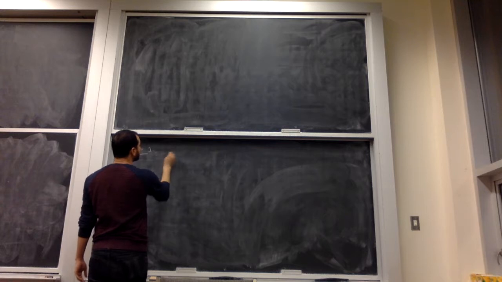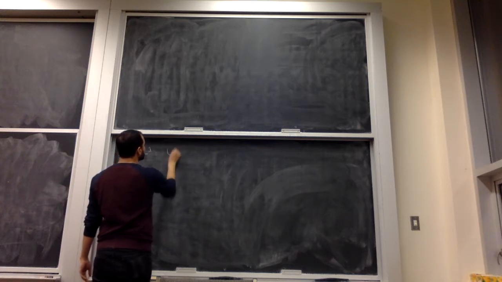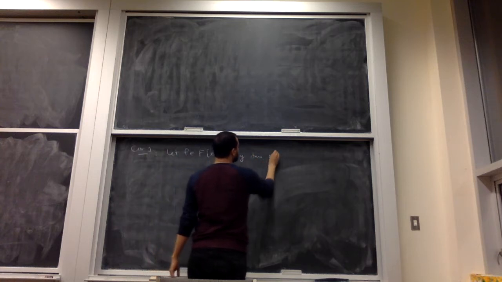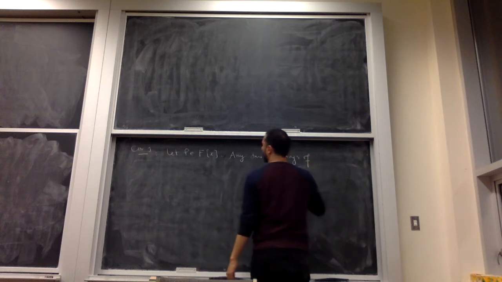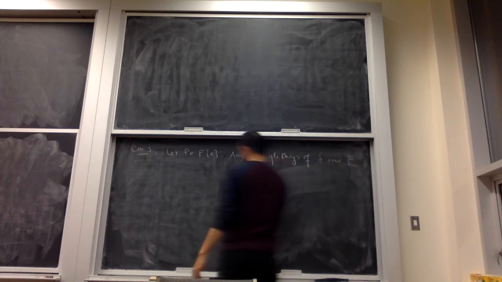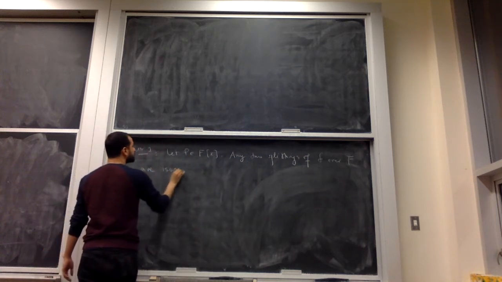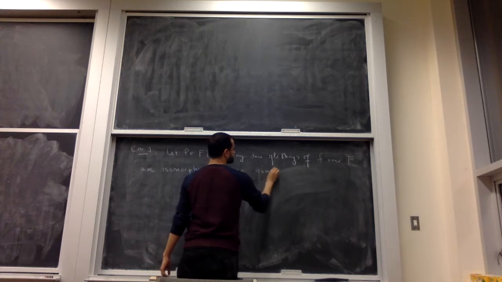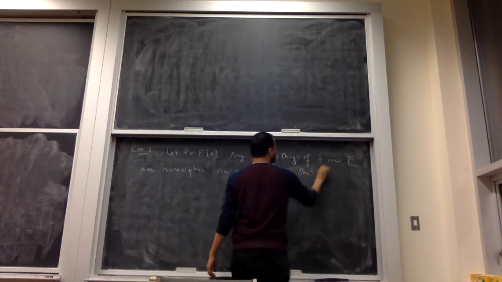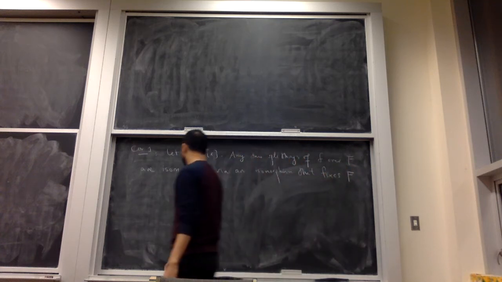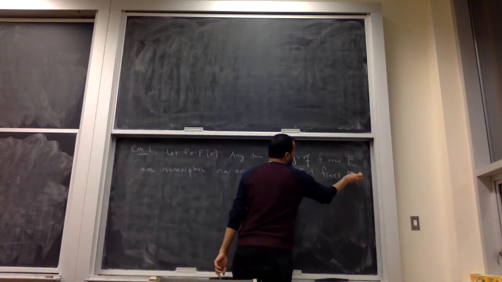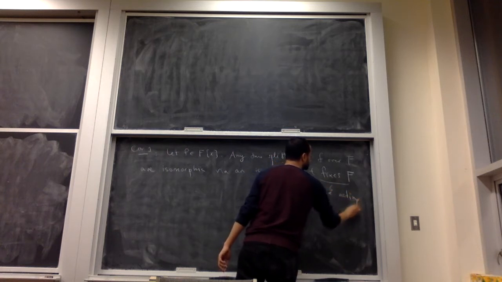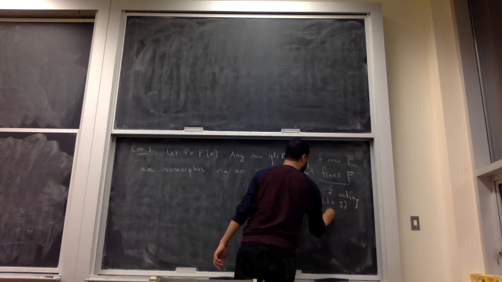Let f be a polynomial with coefficients in F. Any two splitting fields of f over F are isomorphic via an isomorphism that fixes F. This fixing F means that this isomorphism acts like the identity on F.